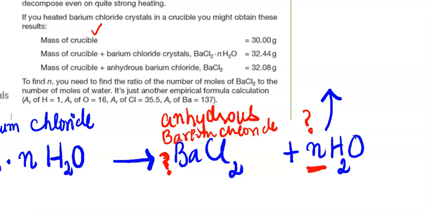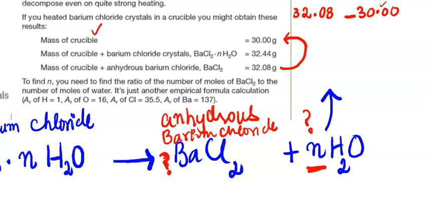For every kind of empirical formula question, we start with mass, or with percentage composition by mass. Now, if we subtract 30.00 from 32.08, that is the empty mass of the crucible subtracted from the mass of crucible plus barium chloride.